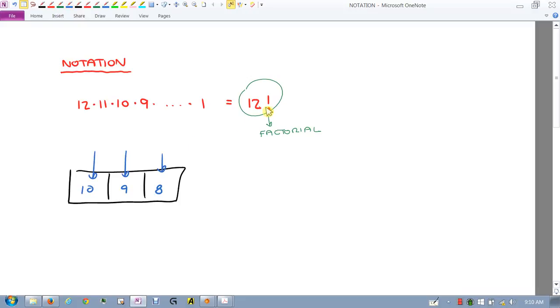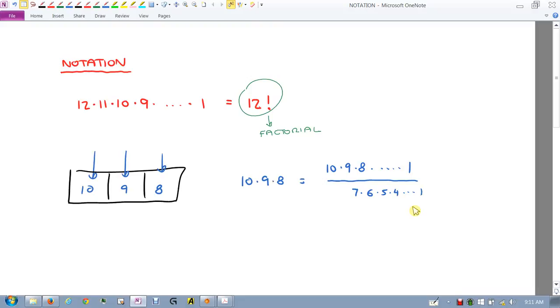So how is that connected to this? Well, if I write 10 times 9 times 8, do you agree that that's 10 times 9 times 8 all the way down to 1 over 7 times 6 times 5 times 4 all the way down to 1? Do you agree that this is the same thing?